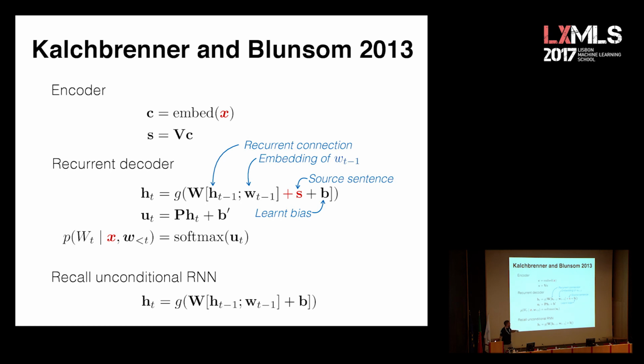So this is exactly the regular recurrent neural network dynamics that we've always had, except now they're adding in this S vector, which represents the source sentence. And then this is just the standard projection up to the vocabulary, passed through a softmax, and then we get the log probability of the next word. So you can see, the difference between this and this is just this one additional S.